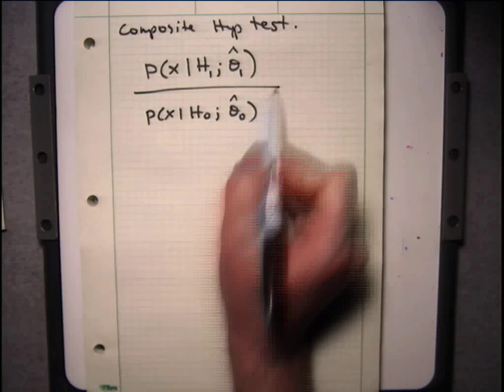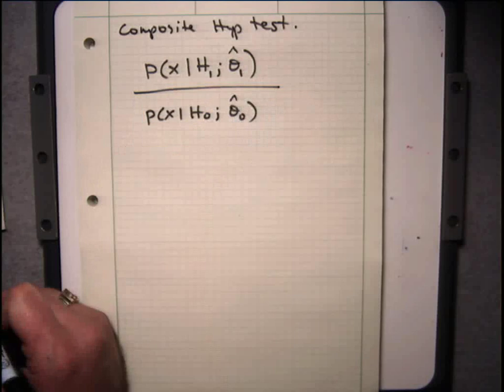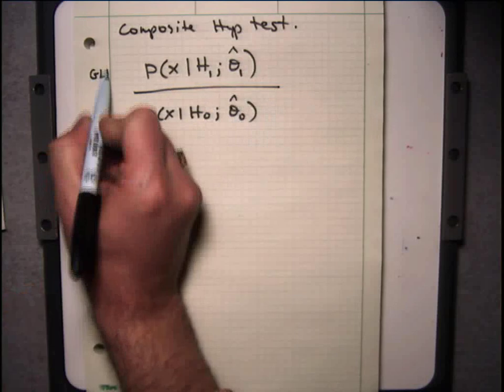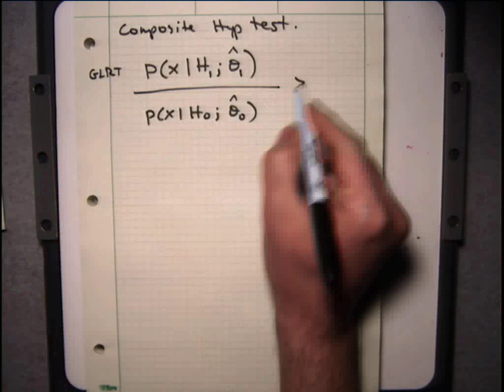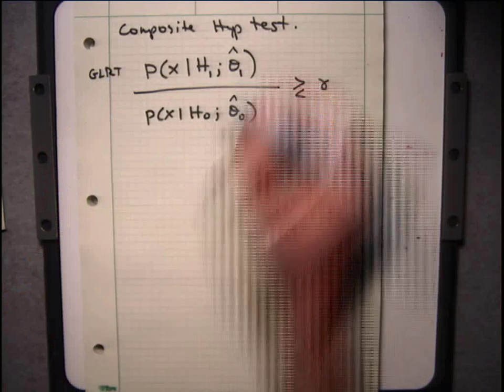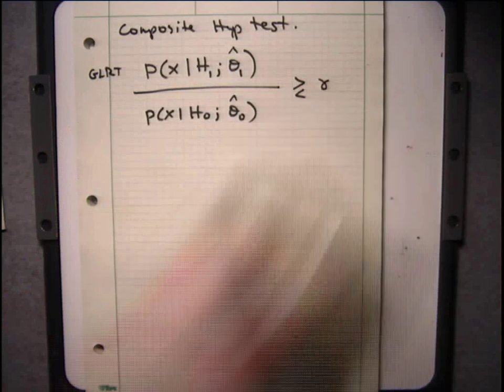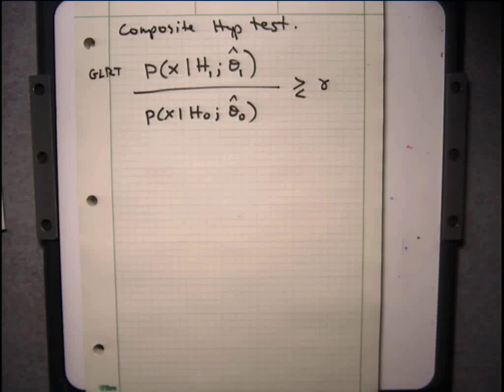You simply divide this, and this is then what we call the GLRT, and then this gets compared to a threshold gamma. And these theta 1 hat and theta 0 hat are the maximum likelihood estimators. That is the definition of the GLRT. If you stick in other estimators in here, you can't call it GLRT anymore. You have to call it something else. Okay?